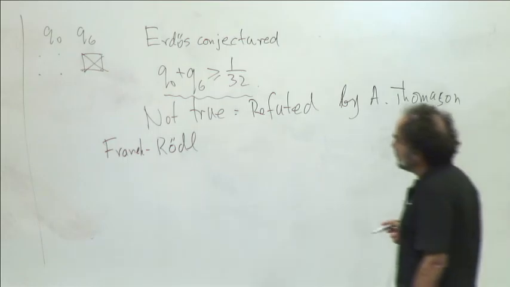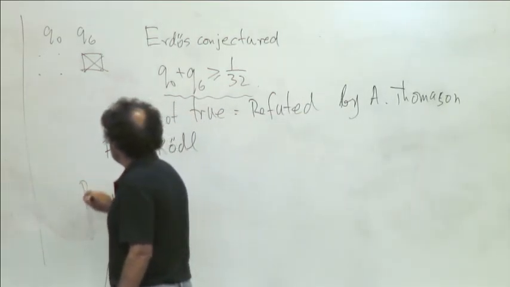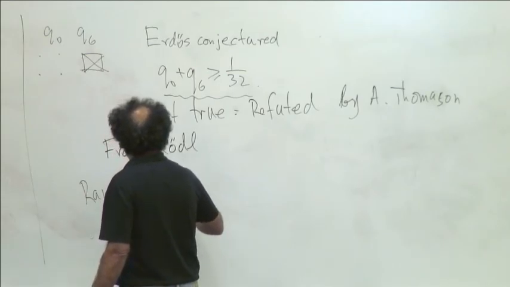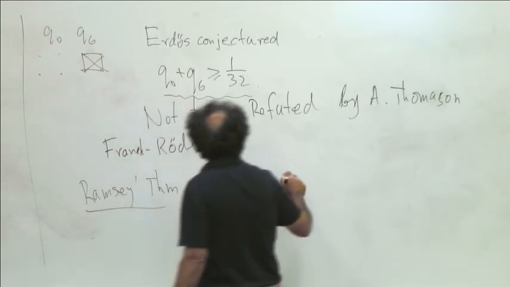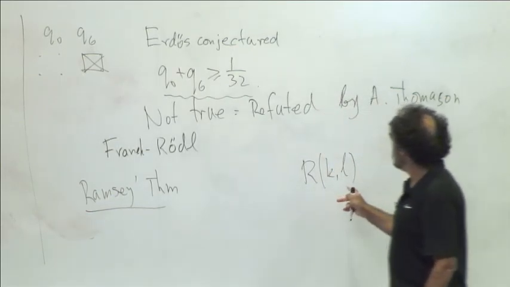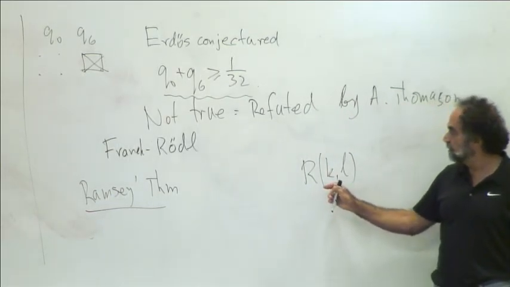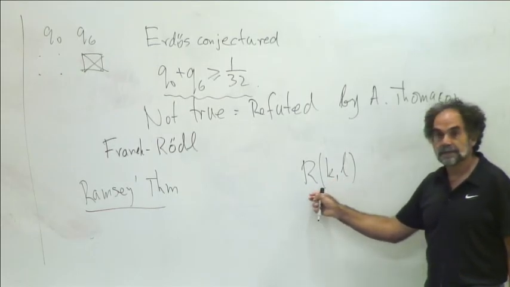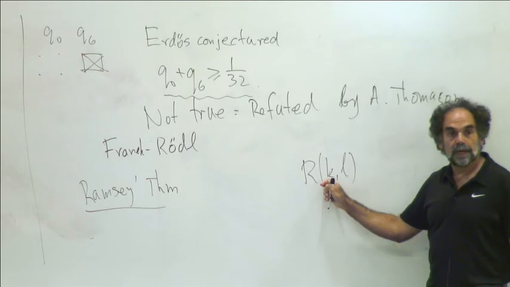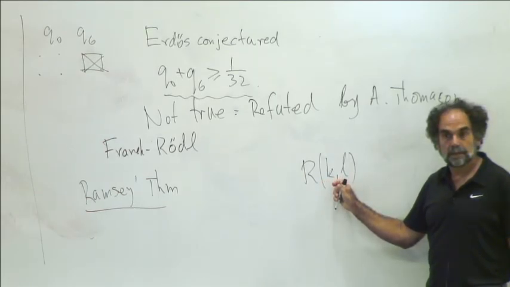Think of very fundamental questions like Ramsey's theorem, the quantitative Ramsey's theorem. R(k,l) is the least integer such that if I take the complete graph on this number of vertices and color everything blue and red, then either I get a blue k-clique or a red l-clique.